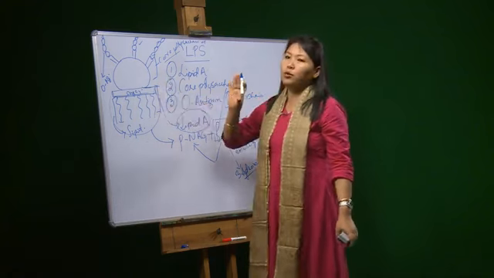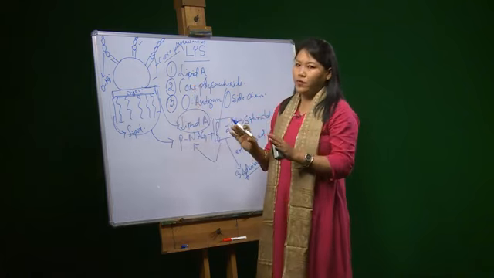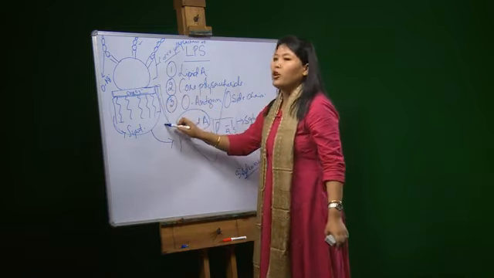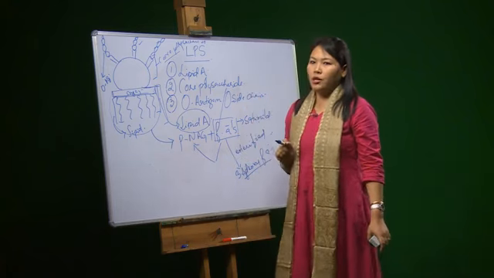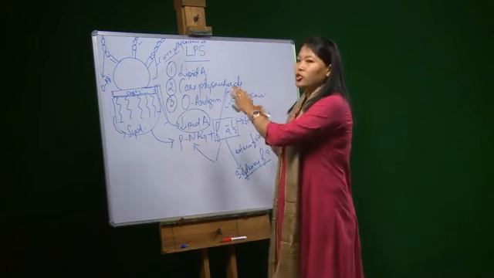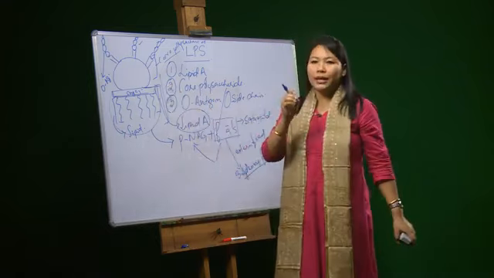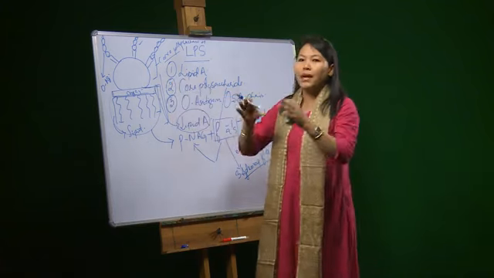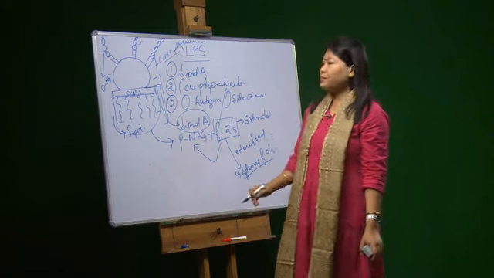One very important point to be noted is that when the bacteria is alive, this lipid A portion is not exposed, so its toxicity cannot be generated. You need to lyse the bacteria, you need to kill the bacteria. Then only will this lipid A portion be exposed and its toxicity be generated.